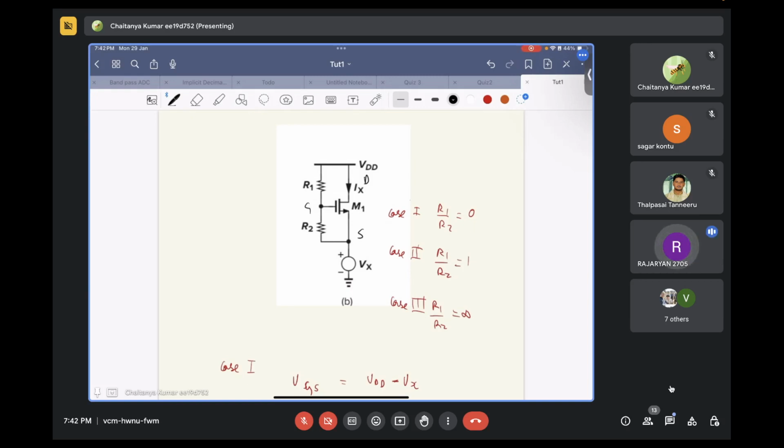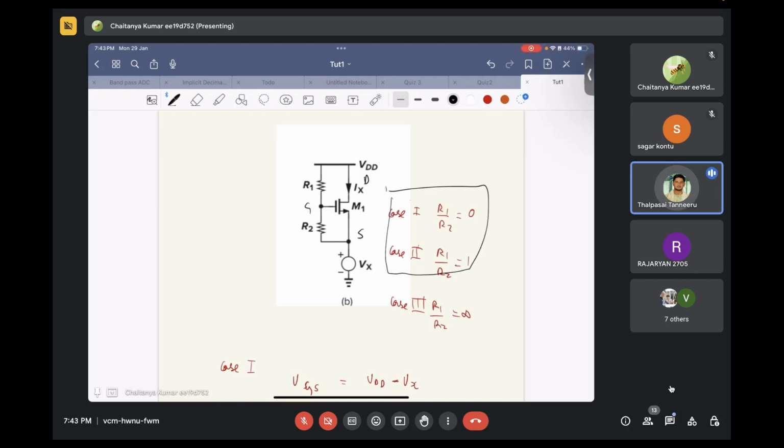So when R1 is equal to 0, in case 1, if R1 is equal to 0, what will happen? No, sir, I am asking for which case we have to consider. Any case. Okay. For the first two cases. Sir, for case 2, it will enter into triode region, sir. When? Why?